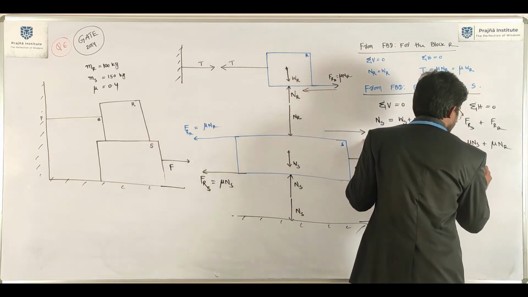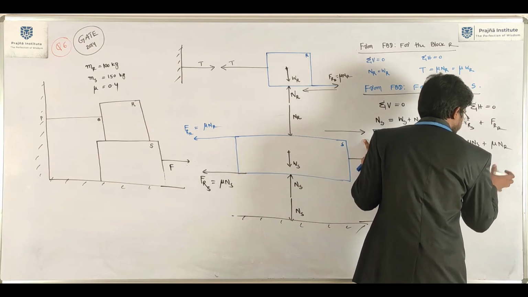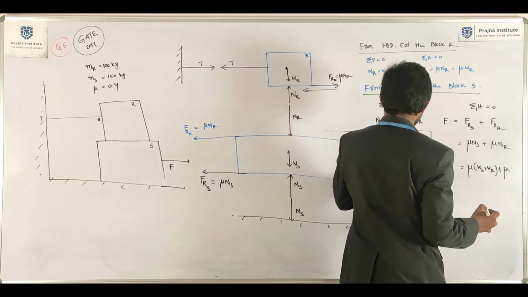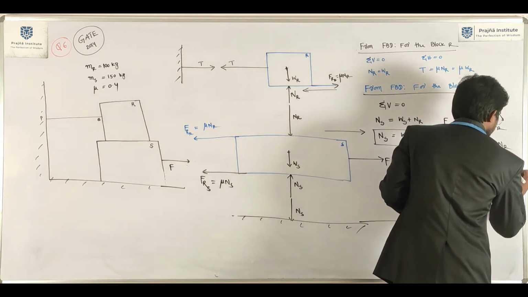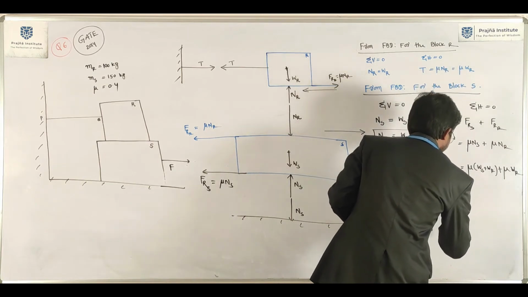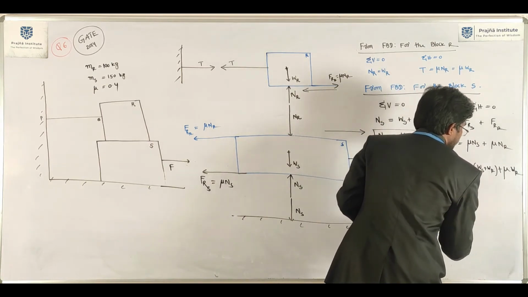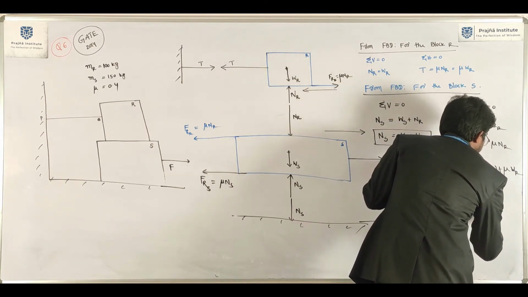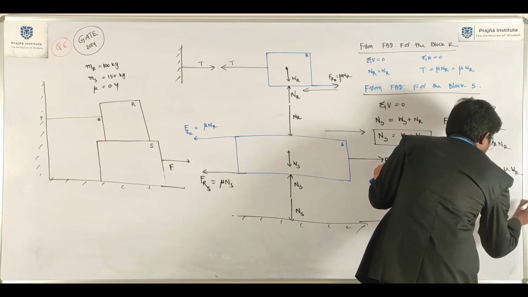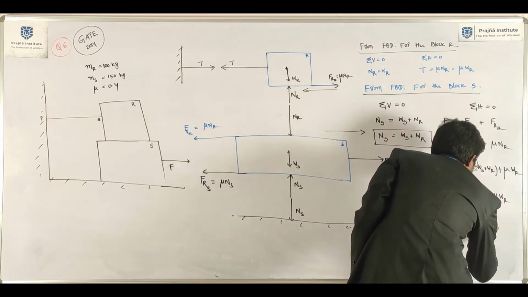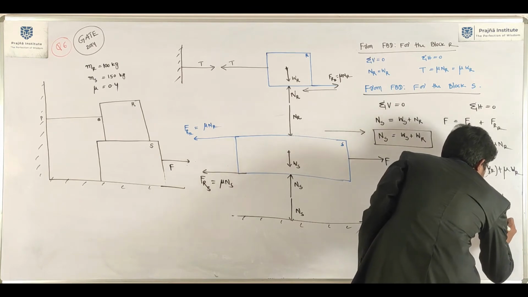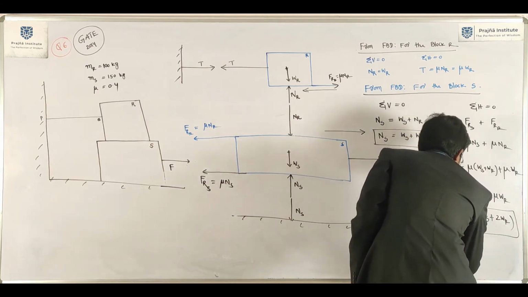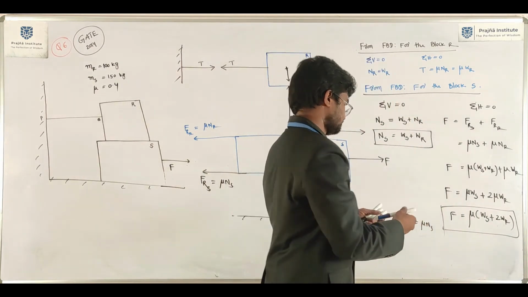Ns is nothing but mu into Ws plus Wr, plus mu Nr, nothing but mu Wr. Finally, the minimum amount of force required is mu Ws plus 2 mu Wr, that is mu into (Ws plus 2 Wr). This is the minimum amount of force required to move the block.